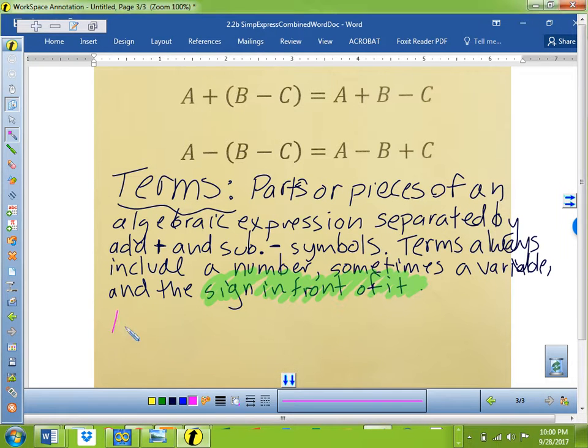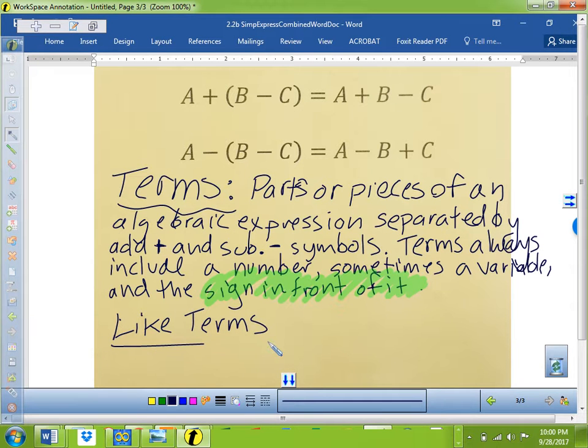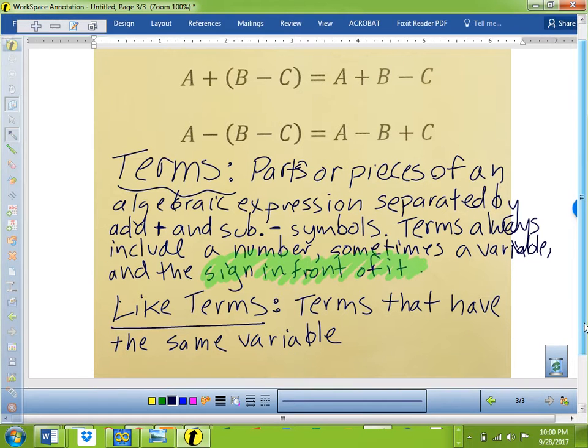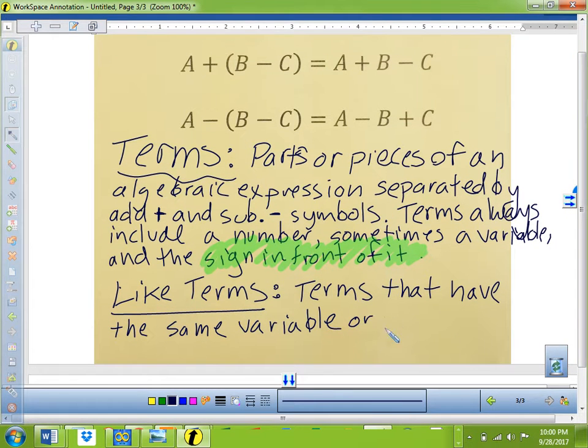Then there's one more expression you need to write, and that is called like terms. One more definition here. Like terms refers to terms, remember that means parts, that have the same variable or non-variable.